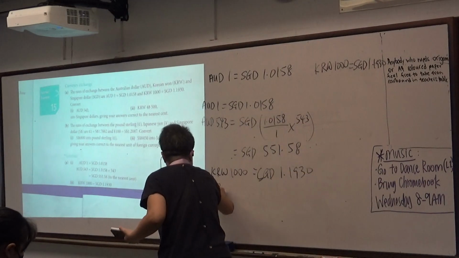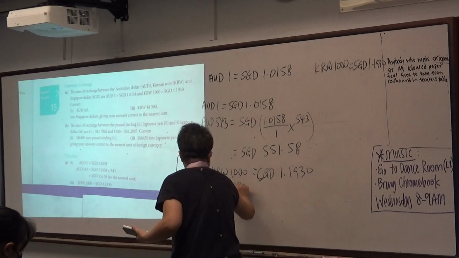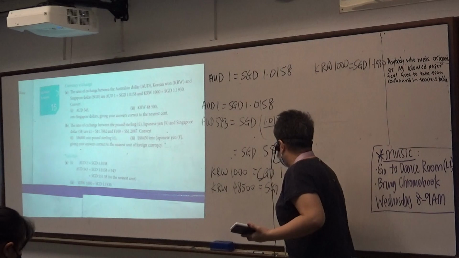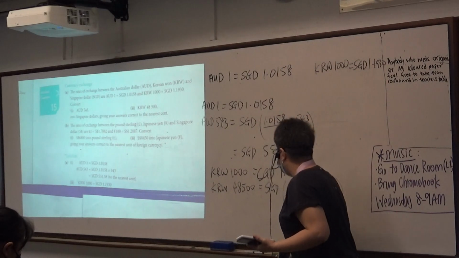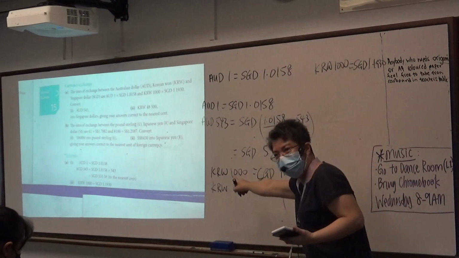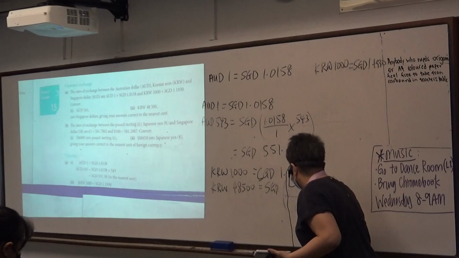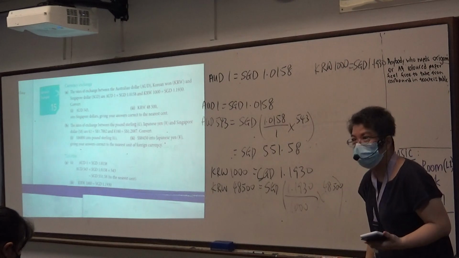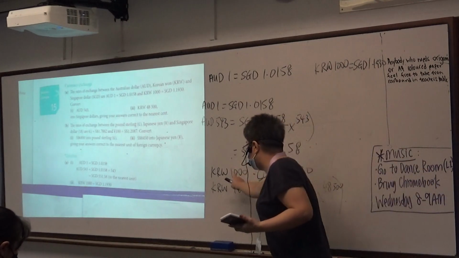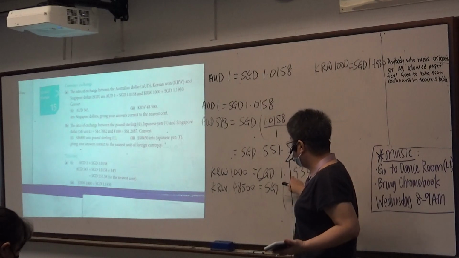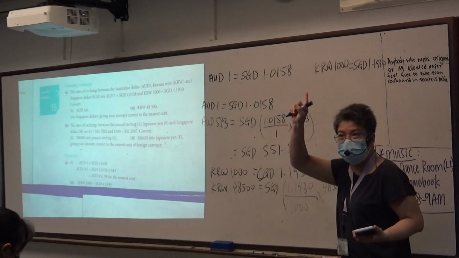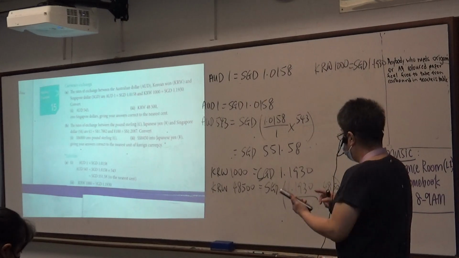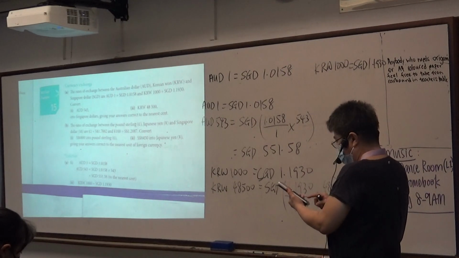So now I have KRW 48500 will be SGD 1.1930 over 1000 times 48500. You understand? It's always this over this times this. Now, can you see that when I take this over this, I'm finding one Korean won, right? Then I multiply again. So it shouldn't be any mistake. Everybody clear?